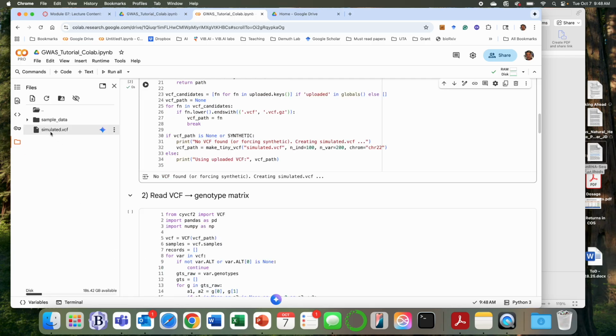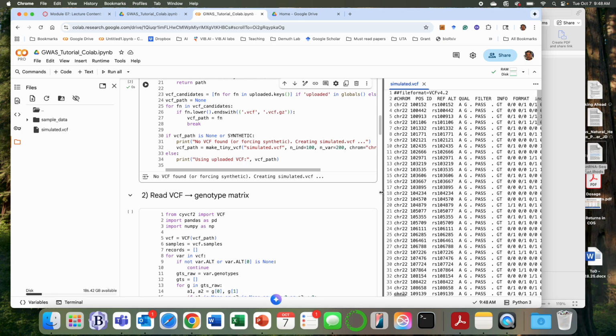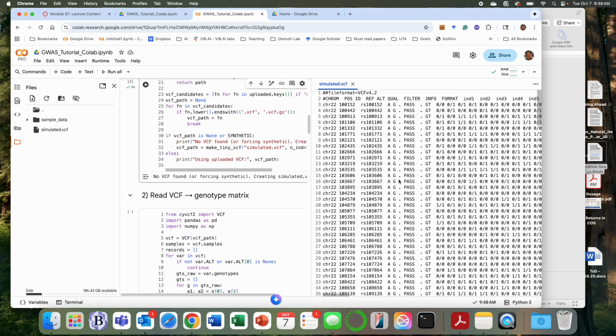You should also see the simulated .vcf pop up in your files. Depending on how often you actually looked at your VCF, or if you just took it out of Slurm and stuck it into Colab, this is what a VCF file looks like.